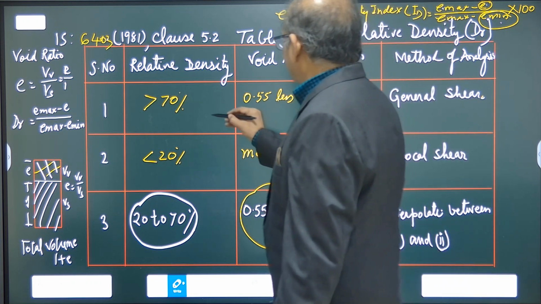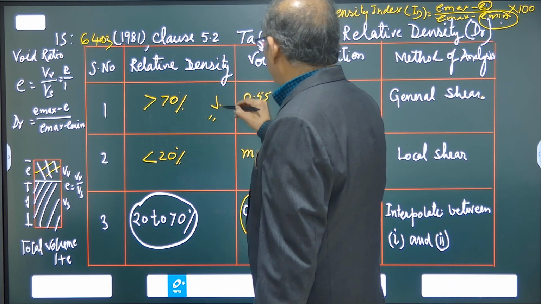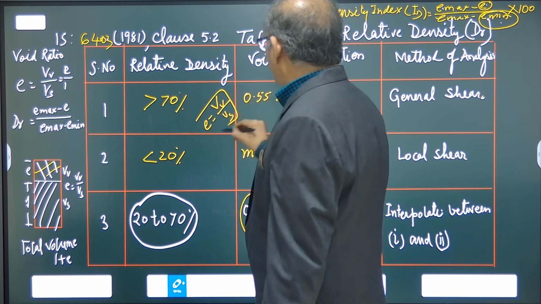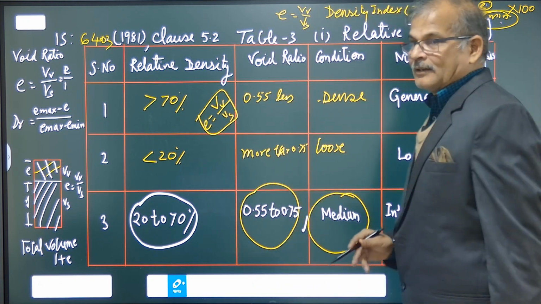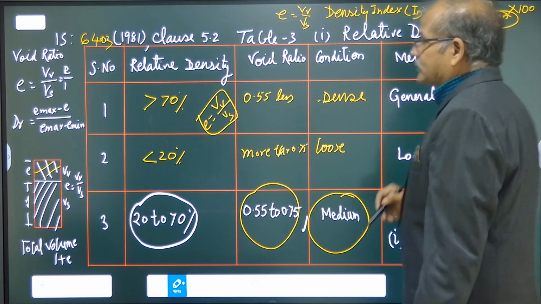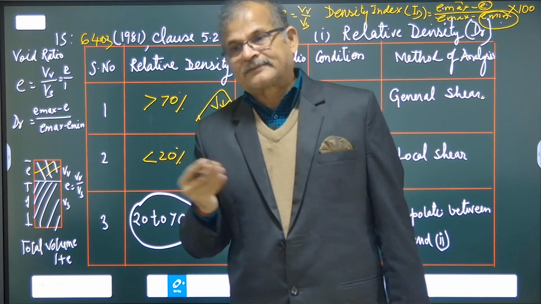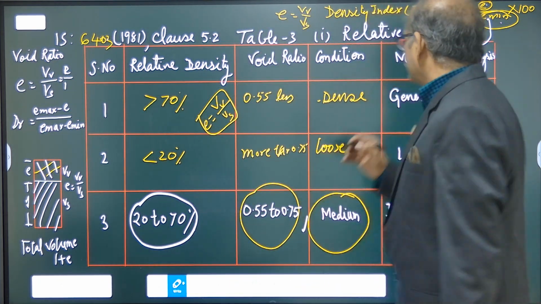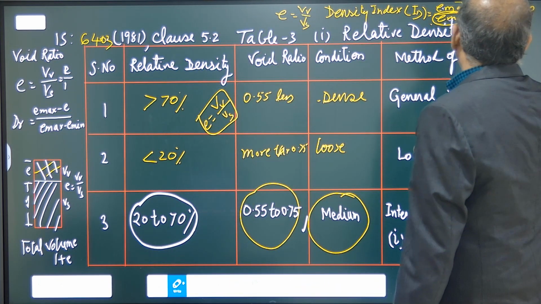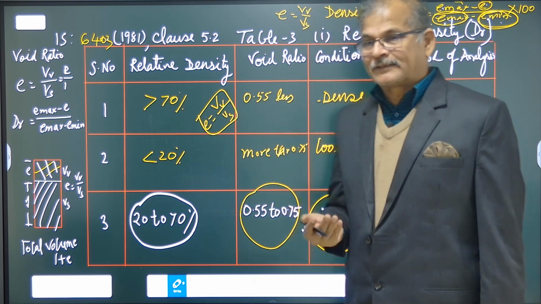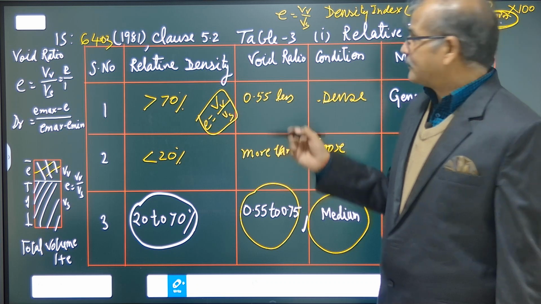Void ratio is nothing but volume of voids to the volume of solids, or relative density is the void ratio in loosest condition minus natural void ratio, then divided by void ratio in loosest condition and void ratio at densest condition, or it is generally expressed in the percentage, so multiply by 100 we get this.